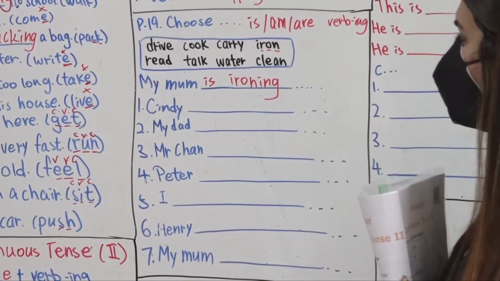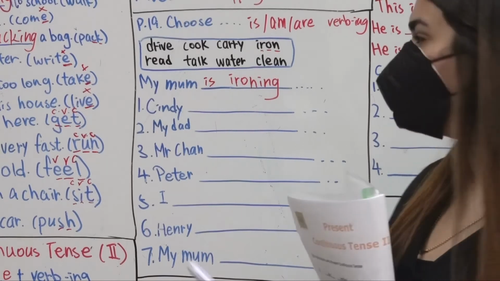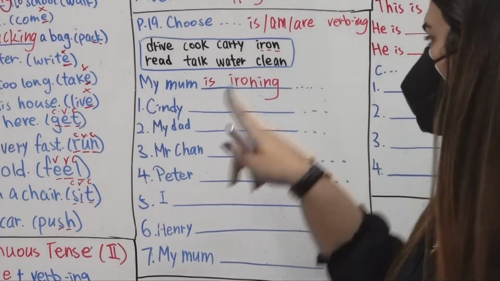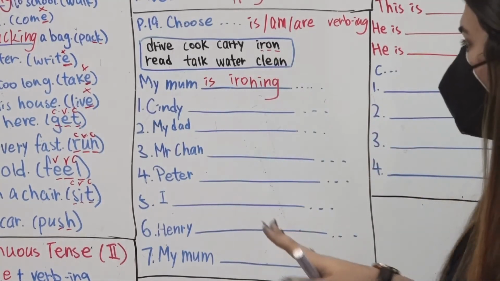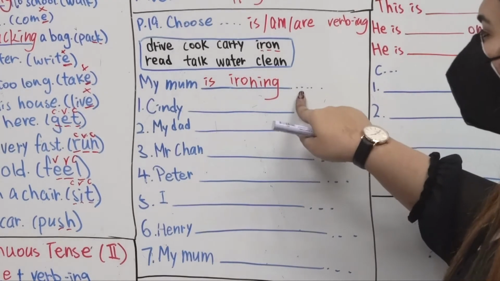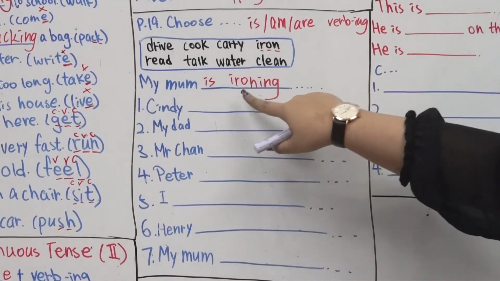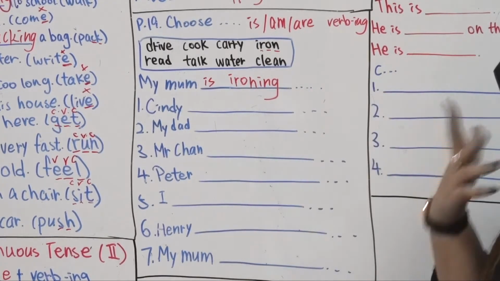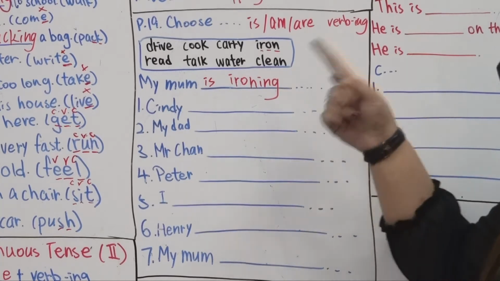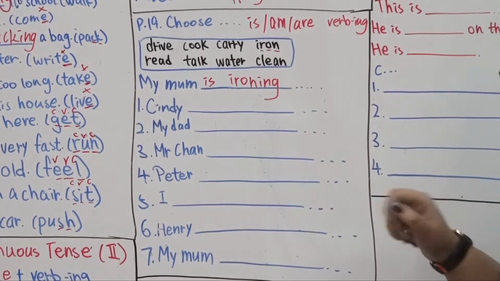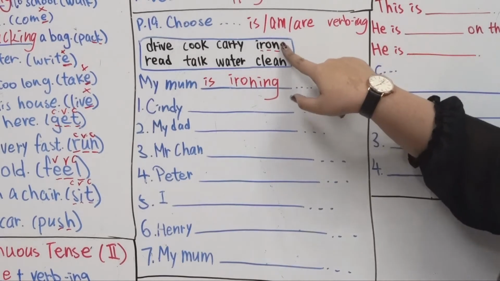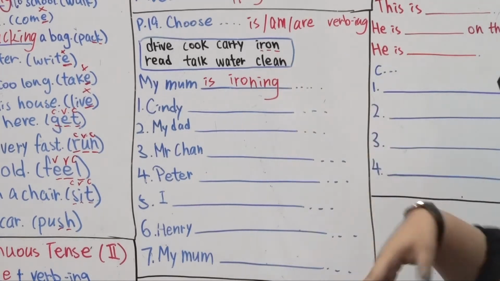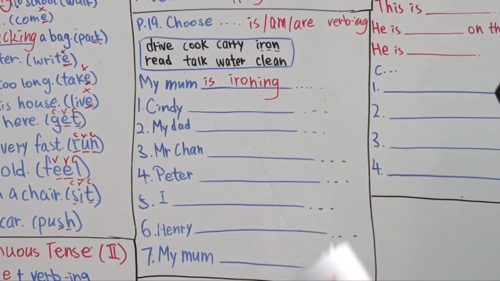That's not ironing with the stress on the end. No stress at all at the end. So that's why we just add ing. No change. If the stress were on the last syllable, then you could double the last consonant. But this one is pronounced iron. So that's why we just add ing. Special word again.